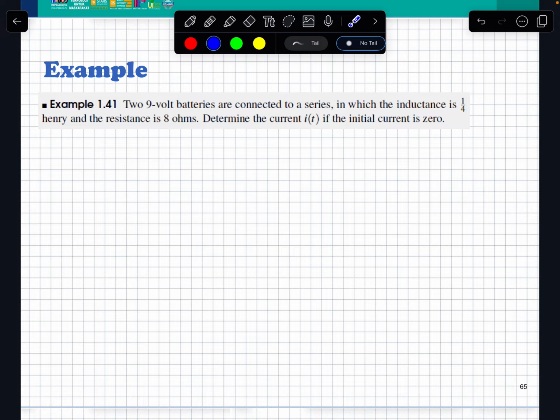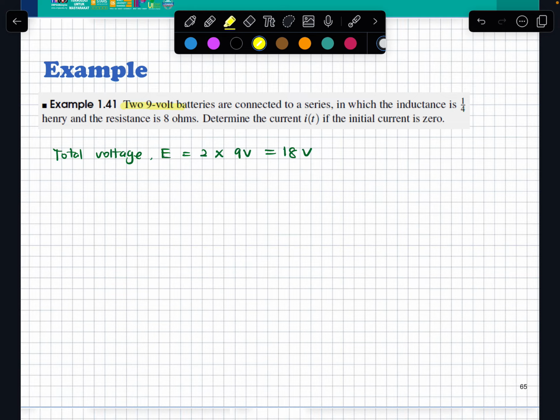What we obtain from this sentence: two 9-volt batteries represent the value of E, which is the total voltage. Since it has 2, we do the multiplication 2 times 9 volts. So E equals 18 volts.